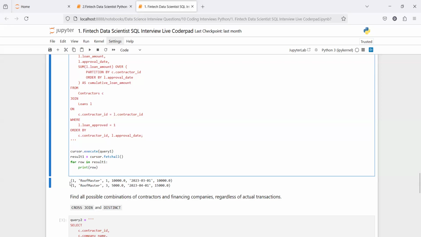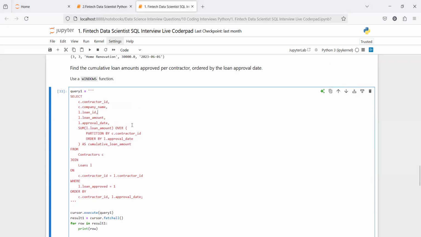I put all of this here just to show you that the cumulative function actually works. Okay. So that's how you would solve this problem. I think we went over a couple of these in the review earlier, but this window function was used during the interview. Okay.